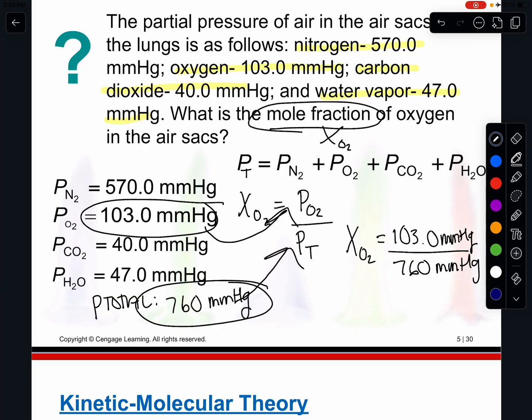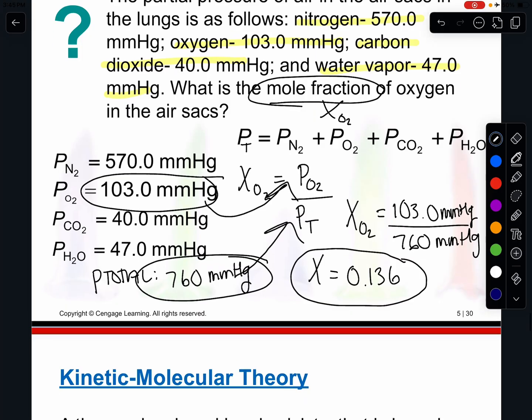Now, units for a mole fraction. Let's think about this. If I have millimeters of mercury divided by millimeters of mercury, they are going to cancel each other out. So mole fractions actually have no unit. Okay, no unit, but we're going to keep around the same number of sig figs. So I'm going to make this 0.136. No units for mole fraction.